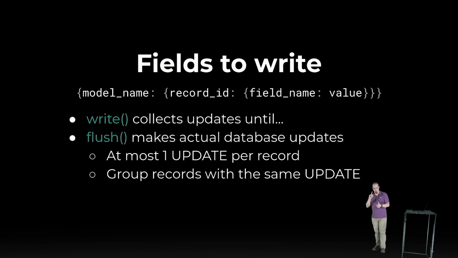And moreover, if two records have exactly the same update, so we update the same fields to the same values, then those records are automatically grouped. So if you recompute, for instance, one field for a bunch of records, and all those fields have the same value, you'll perform one update. Which is, I mean, you cannot do less than this.